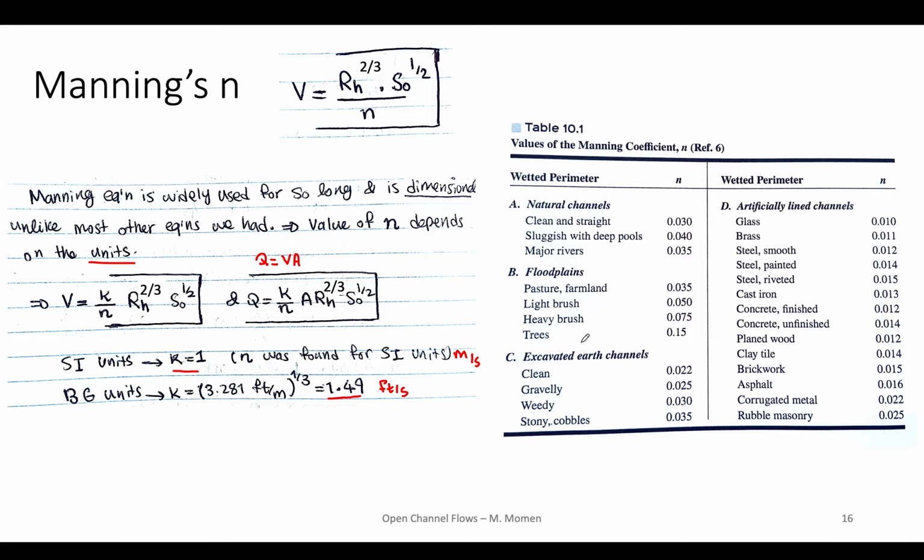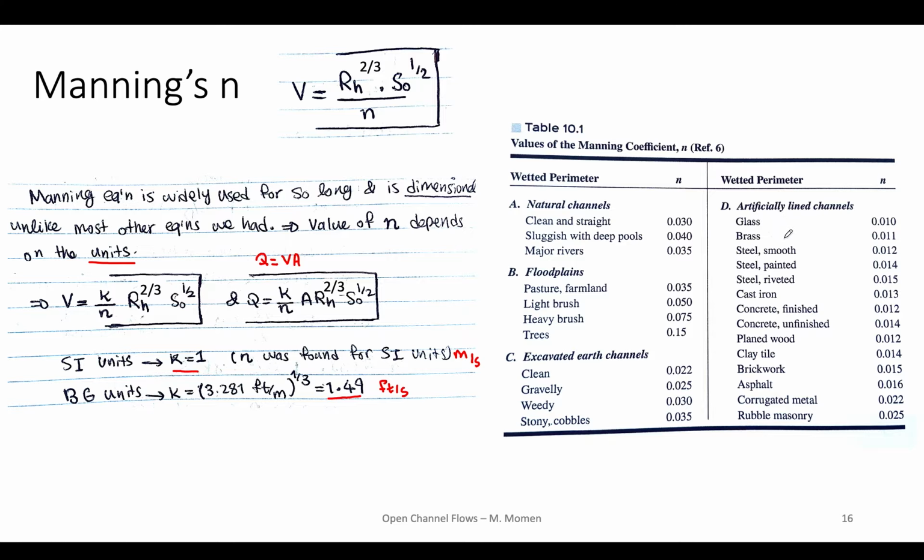For example, for trees you have 0.15, for heavy brush you have 0.075, whereas when your roughness decreases, your value of n, which is a function of roughness of the channel, decreases. For example, for glass we have n equal to 0.01.